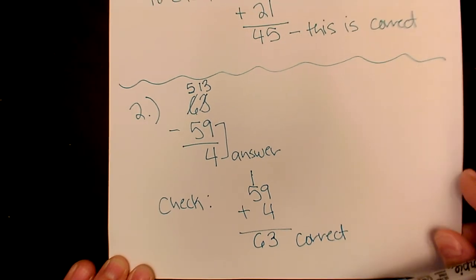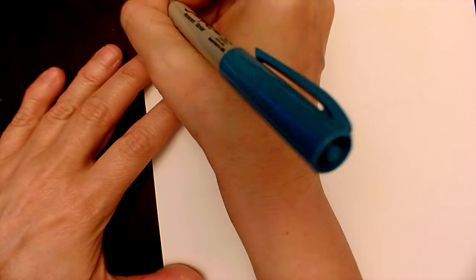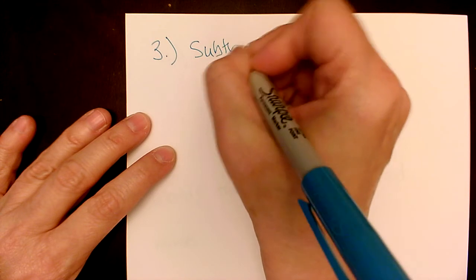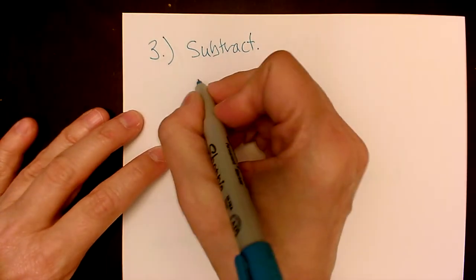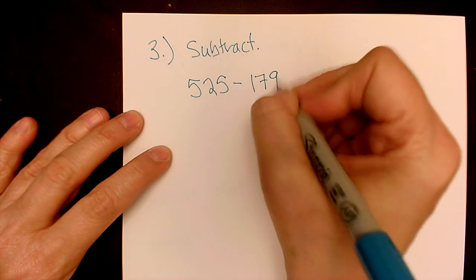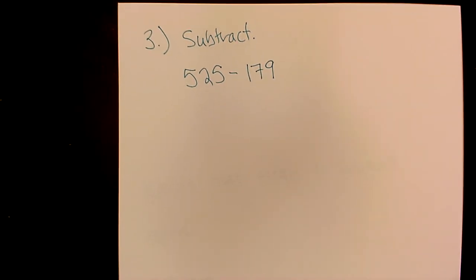Okay, let's do some hundreds. Okay, I've got 525 minus 179.